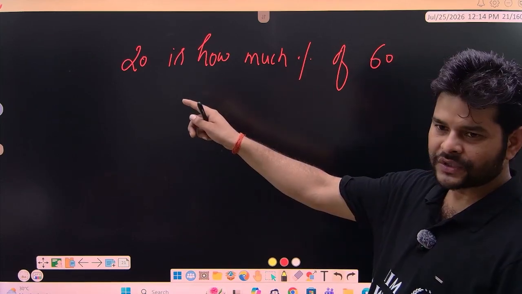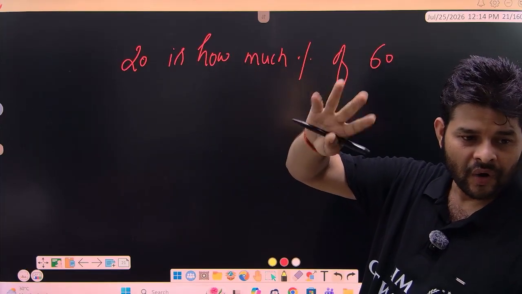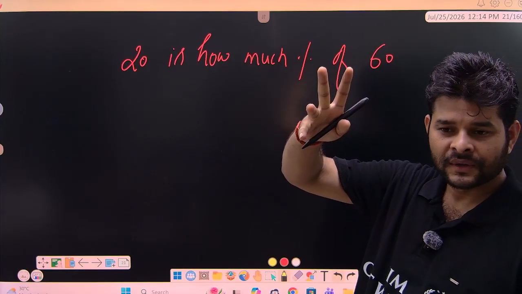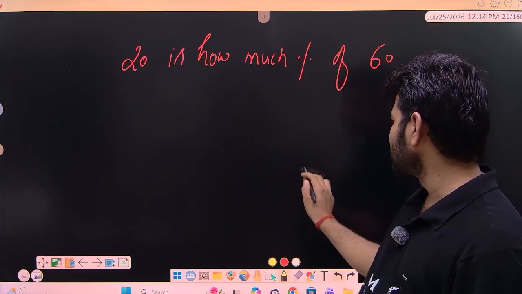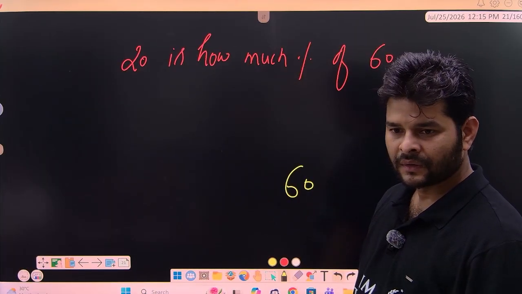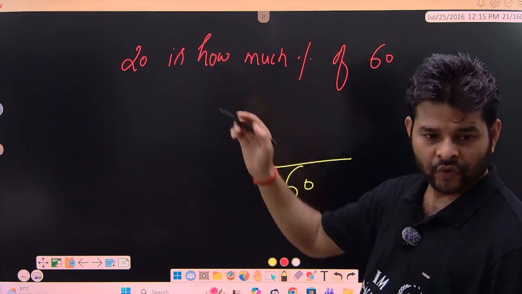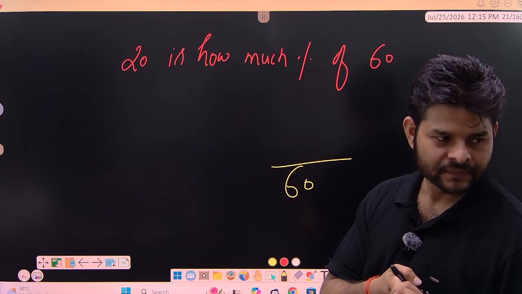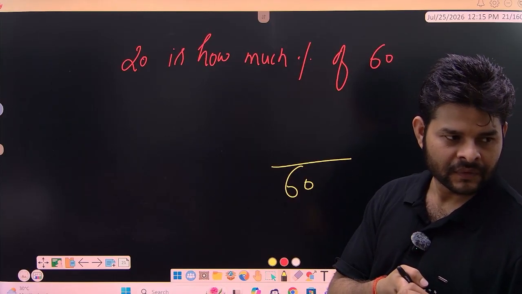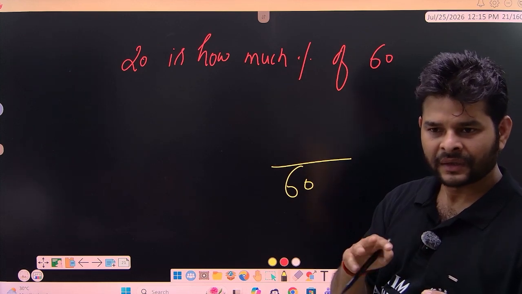So over here the question is saying 20 is how much percent of 60. That means we are comparing with 60. We need to put 60 over here, and directly we need to put 20 in the numerator. No difference. Why are we not taking the difference, Diksha? Because we need not find lesser than or greater than.